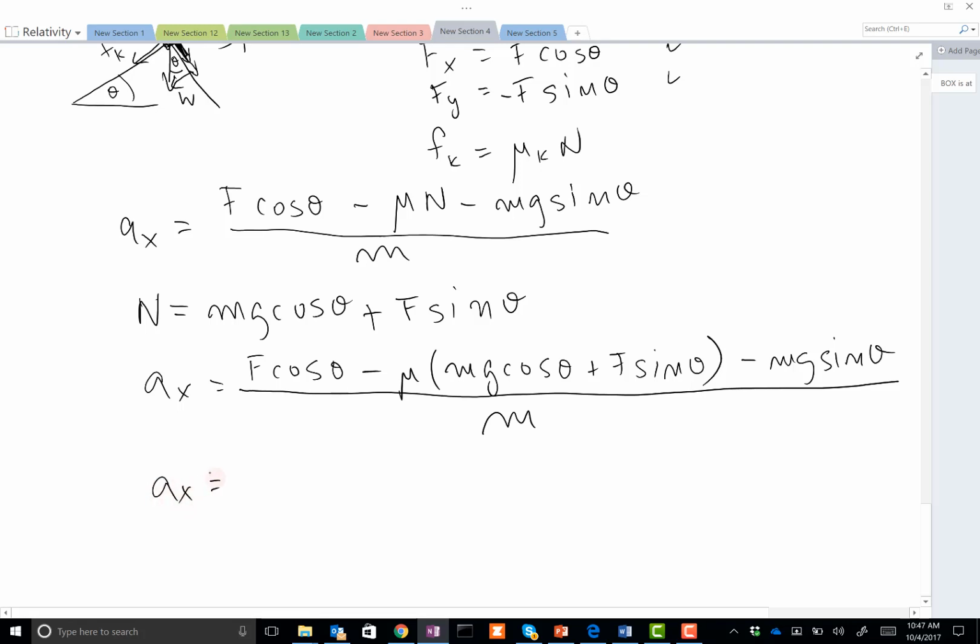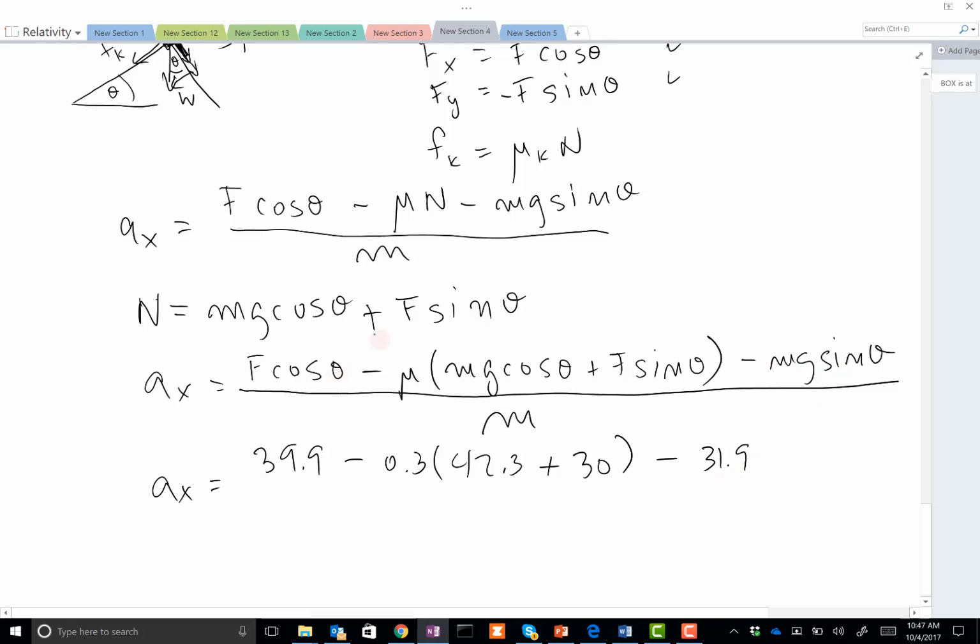So a sub x is equal to 39.9 newtons, that is this number here, F cosine theta, minus 0.3 times 42.3 newtons plus 30, that is this number and this number, and then minus 31.9 newtons.